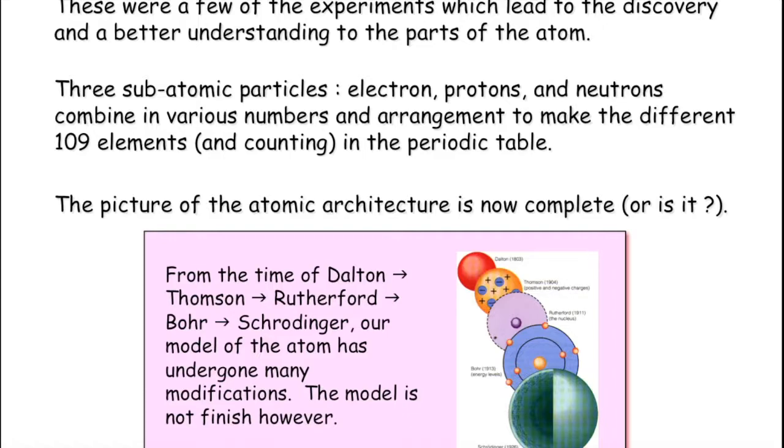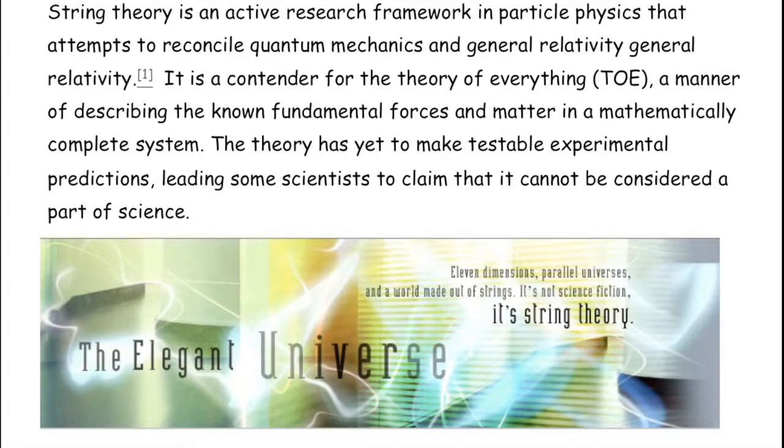And that is actually the proposal by scientists these days. It's called string theory. And string theory is a pretty radical theory out there. It proposes 11 dimensions. It proposes that you can be here and there at the same time.